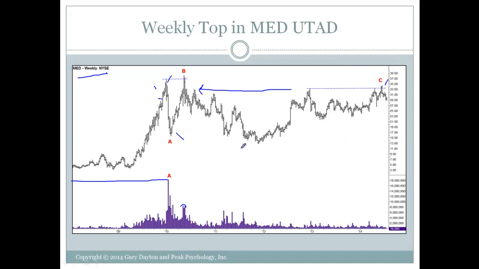And if this is true, we need to make a projection here. This would be a first target, and potentially down here would be a second target, depending on what the count looked like. But this is something to watch, or you can trade it if you want to, but at least we can watch this and see how it unfolds.